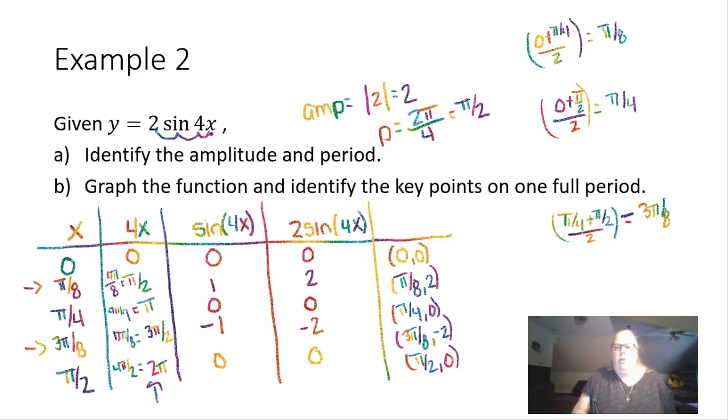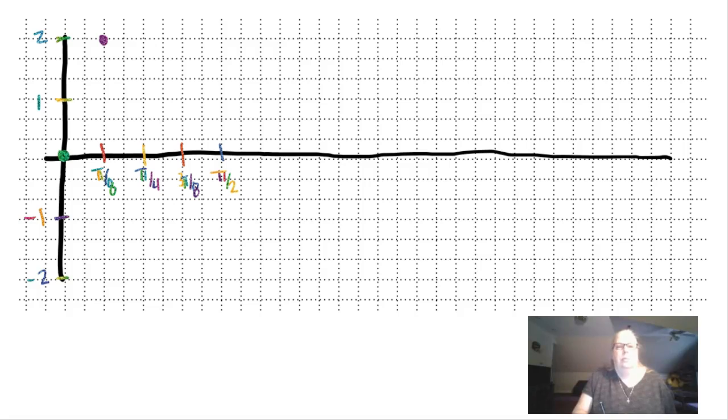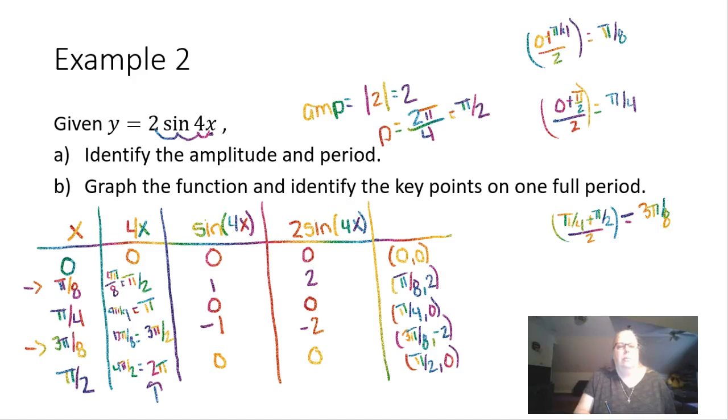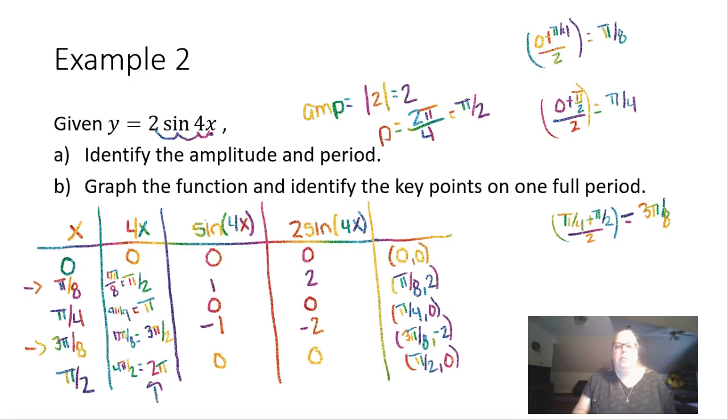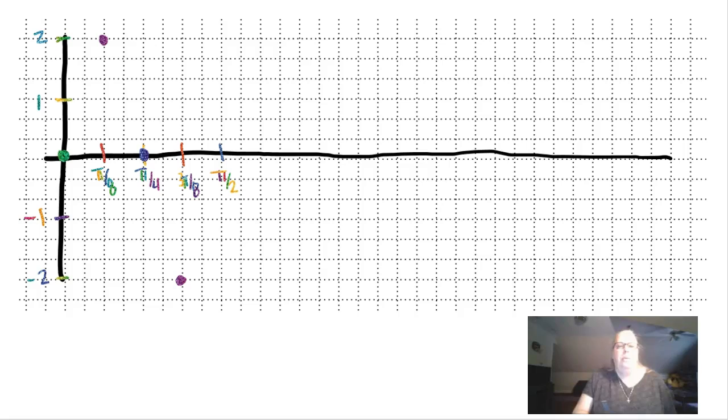All right, pi over 4 goes with 0. That's right here. 3 pi over 8 goes with negative 2. 3 pi over 8, negative 2. And our final point, pi over 2 goes with 0. That's right here. And now we just sketch it in.